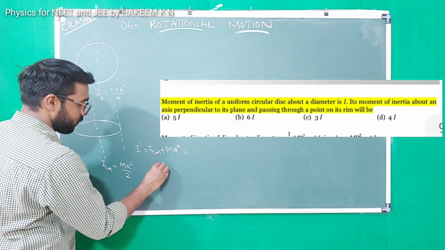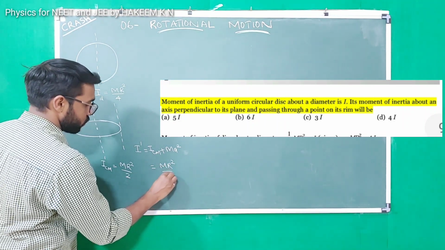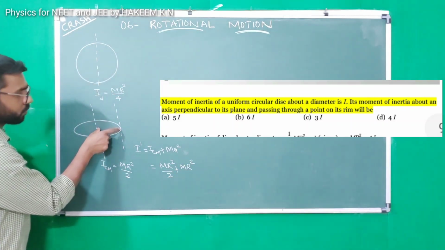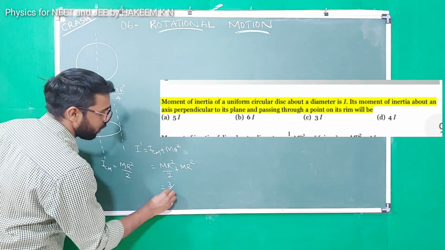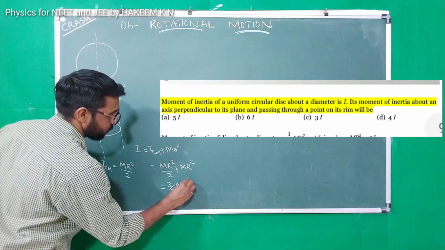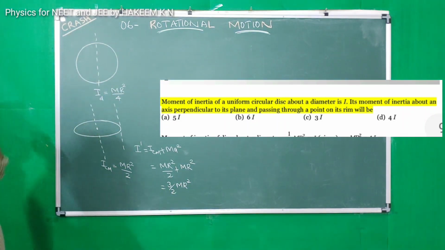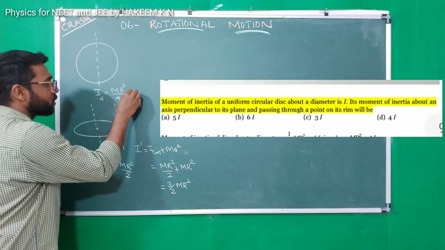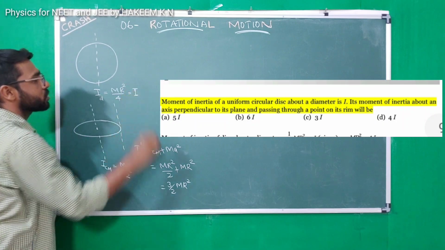What is I_CM? MR²/2 plus M into R². Then we will get 3/2 MR². Here I_d equals MR²/4. This is given as I in the question.